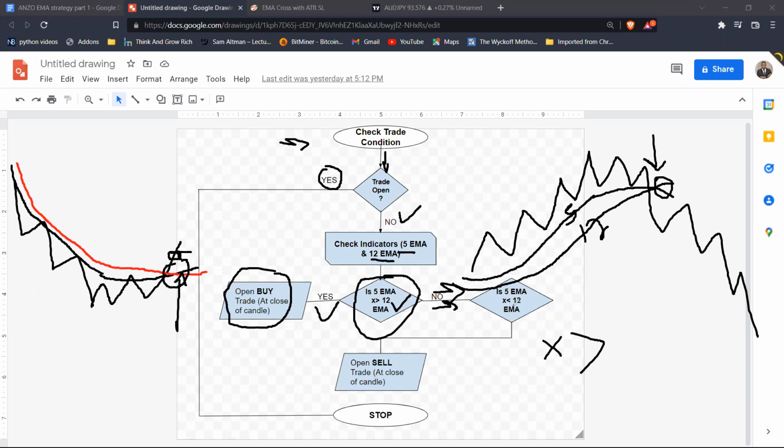So in the case where the 5-period or the fast EMA is moving below the slow moving average, in this case the 12-period moving average, we execute a sell trade at the close of the candle where that crossover is happening. Now, this whole flow chart, I'm going to just delete all of this drawing.